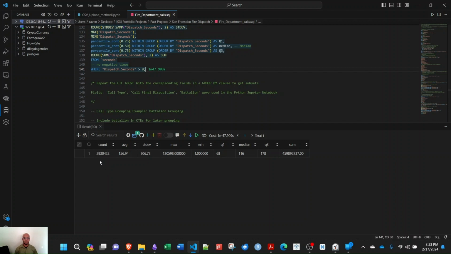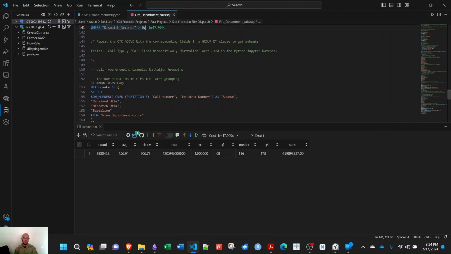But I get my summary statistics here of the overall dispatch times it's taking from the fire department to receive a call to the time they send out dispatch help. Here I mentioned that you're going to have to repeat the CTE series above with corresponding fields basically grouped.